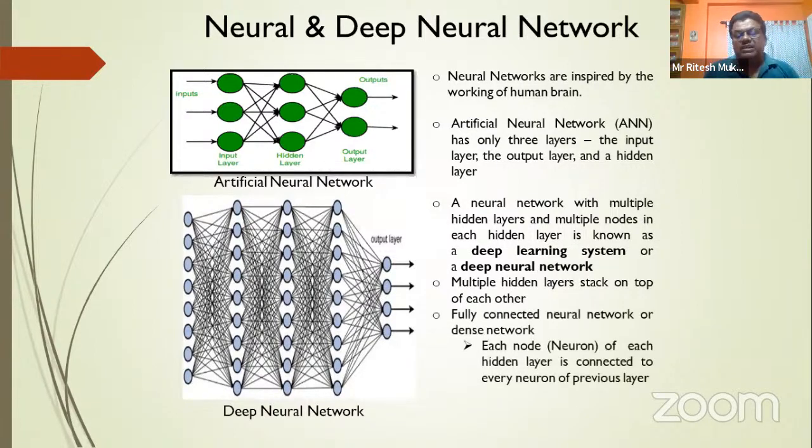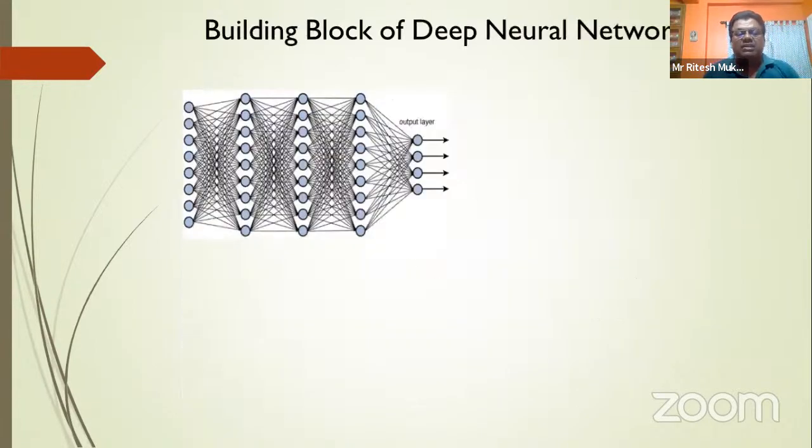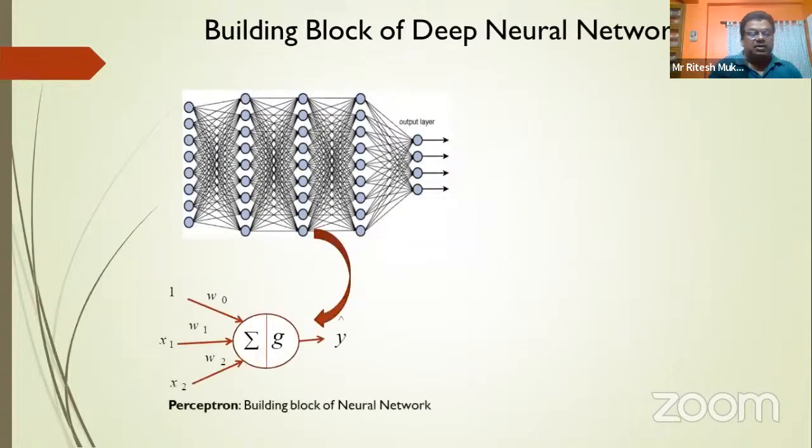So the perceptron, as I said, I intentionally kept one slide to make it understandable. This perceptron is the building block of a neural network, and you can take it as a function only.